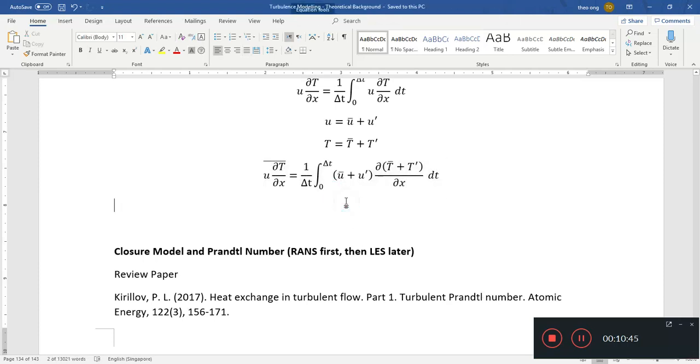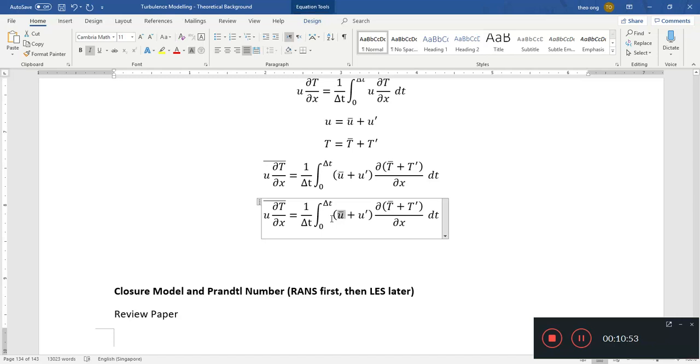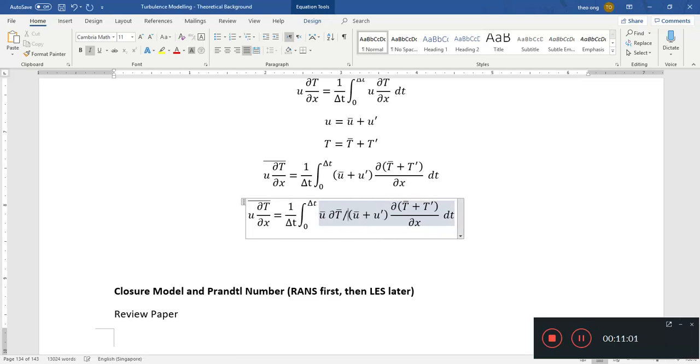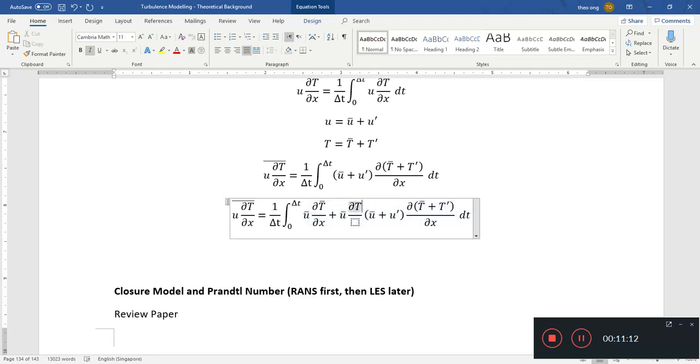So I will start to expand this out. First, we do have a u bar dt bar dx, plus u bar dt prime dx. So that's the u term taken care of. And then I will have the same except with u prime.